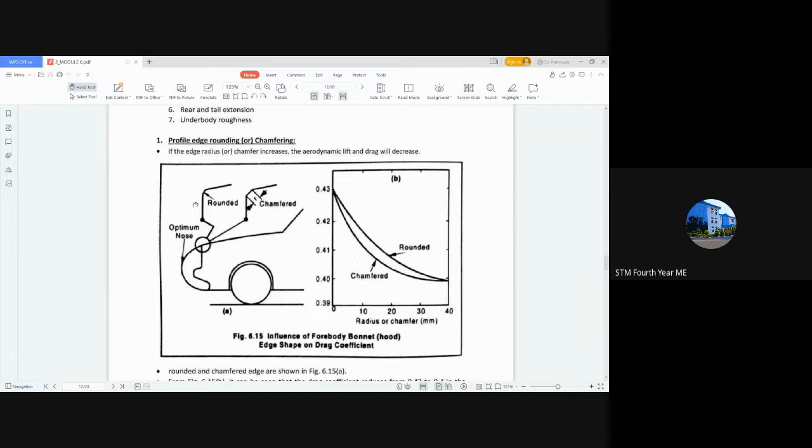Rounded design is preferred due to the teardrop shape profile I explained in the class before. In a teardrop profile, the coefficient of drag is the least, so a rounded profile is much more similar to the teardrop profile and hence is always preferred. But when looking at the graph, chamfered provides a much lesser coefficient of drag when compared with a rounded edge. So that is profile rounding and chamfering.